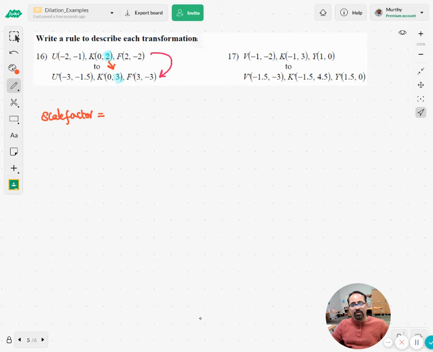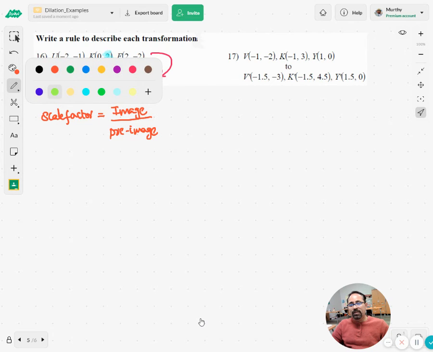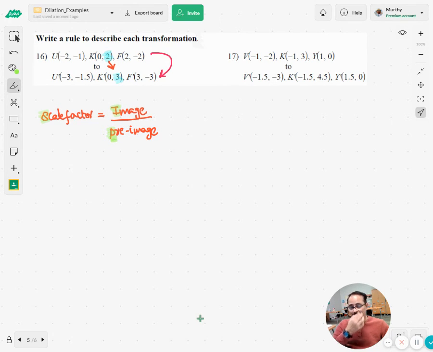So scale factor equals I, which stands for image, and P is pre-image. So I told you that you may memorize by taking the first letters. Scale factor, first letter is S, image, first letter I, and pre-image, first letter is P.